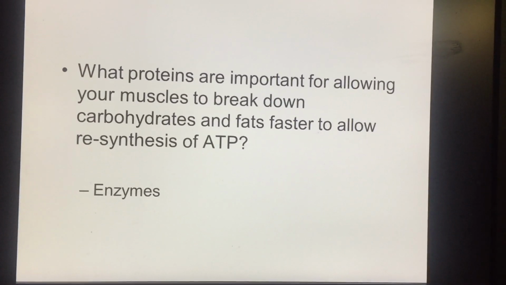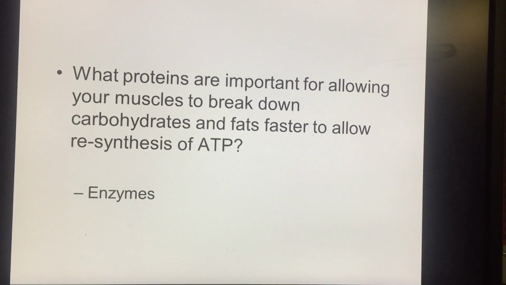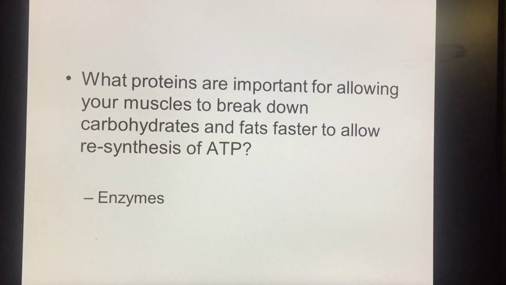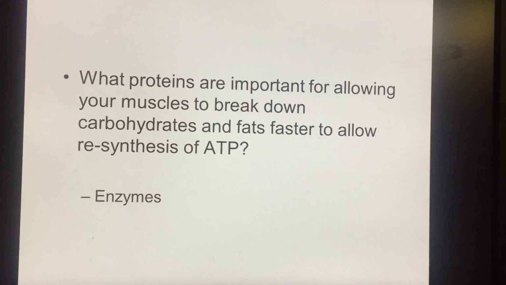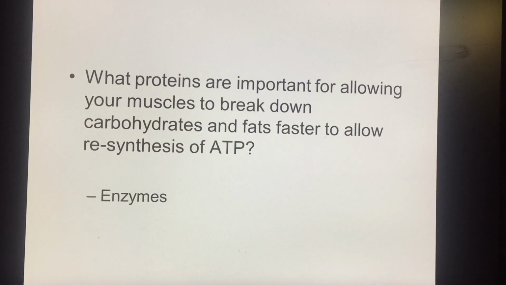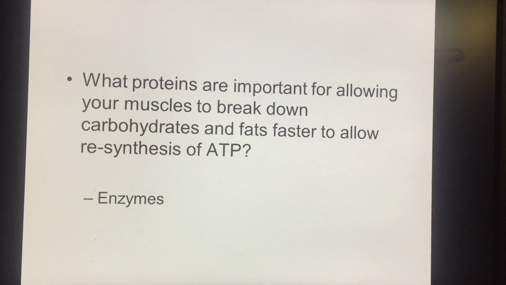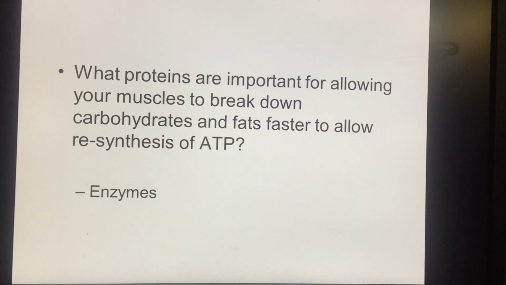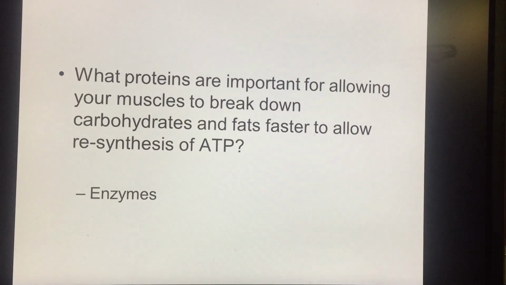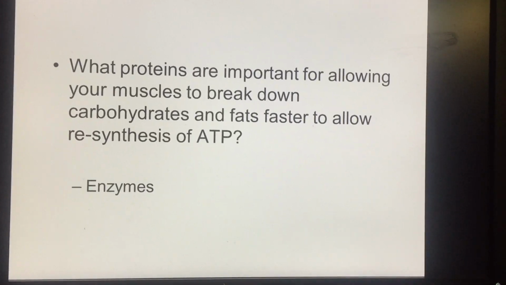So with aerobic training, you can dramatically increase these enzymes and help you to faster break down carbohydrates and fats for resynthesis of ATP. And this is one of the main reasons why a trained aerobic person can run something like a marathon a lot faster than an untrained person.